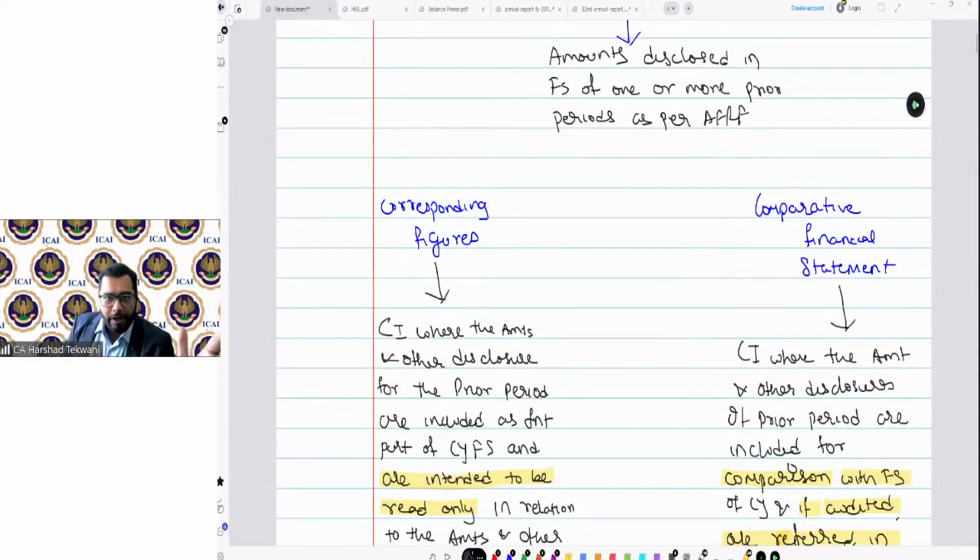So we saw the corresponding figures that are there in the audit report or in the financial statement. Now let's understand what the comparative financial statement is. Comparative financial statements are about the amounts and other disclosures for the period that are included for comparison with the financial statements of the current period.